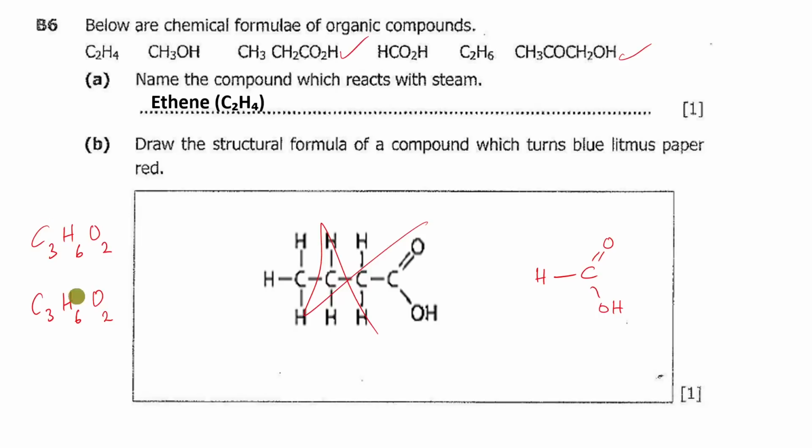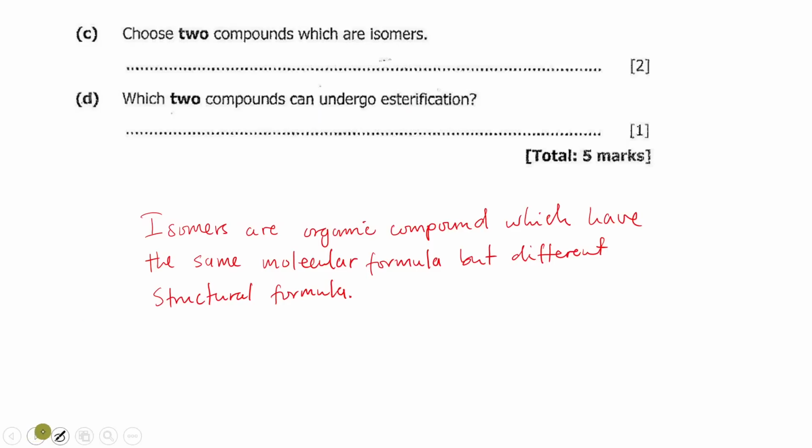What I've written are called molecular formula, but in terms of structures, this appearance and that one are different. So in answering, we are going to say this and that are the ones. Choose two compounds which are isomers, this and that. Then D, which two compounds can undergo esterification?